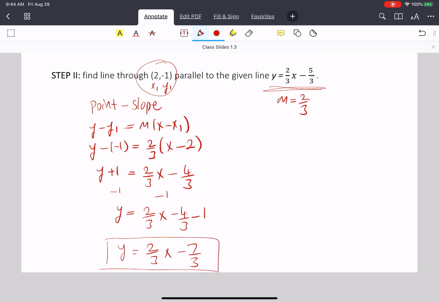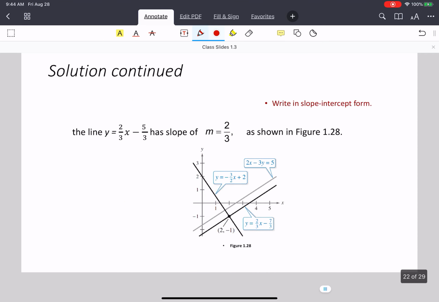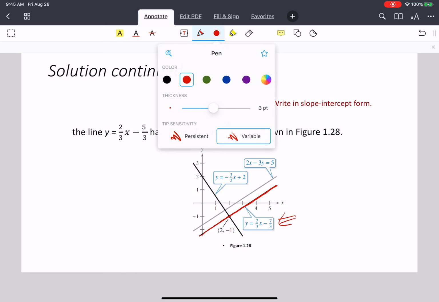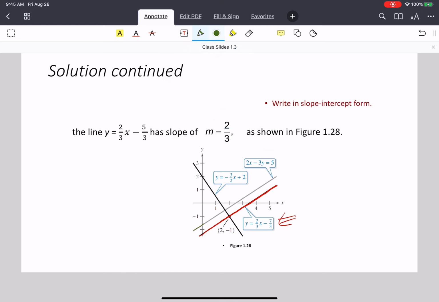Okay, so this is the equation that is parallel to that other equation. And in the graph that I gave you over here, you realize that this red line and the green line seem to be parallel. They have the same slope.